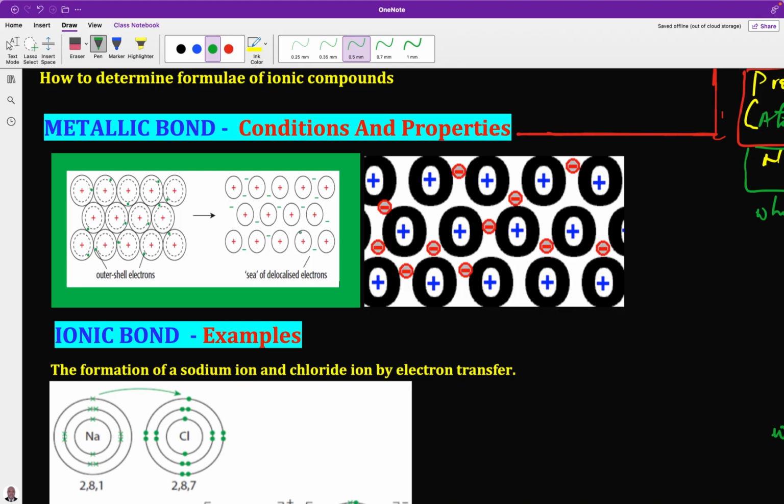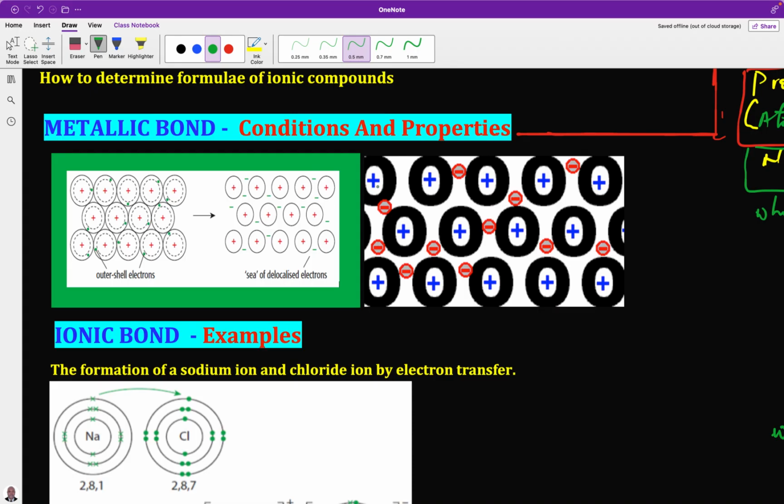Of course, you should know that there are some factors that can influence the strength of this bond. The number of electrons in the sea of electrons will also influence the strength of the bond. The size of the metal will also influence the bond. The more localized electrons you have, the stronger the bond.